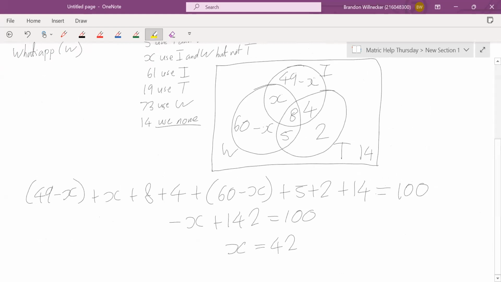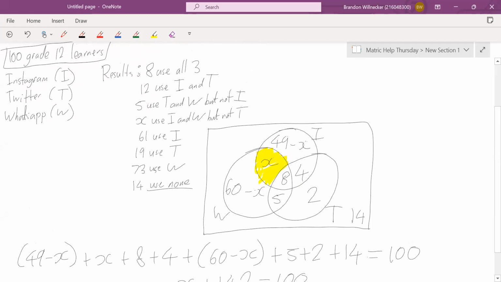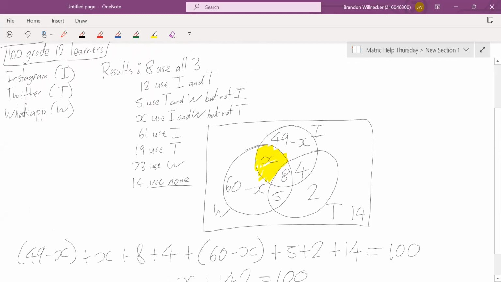So remember, X was in this portion over here. Can I ask? Yes. Why is it 60 minus X? Let's just check that here. Oh, that was this under here with WhatsApp.